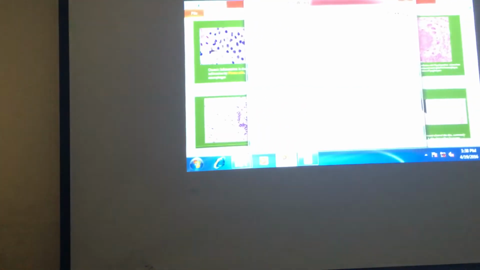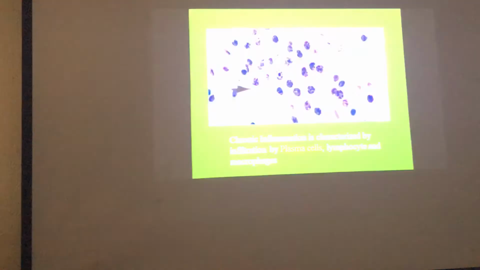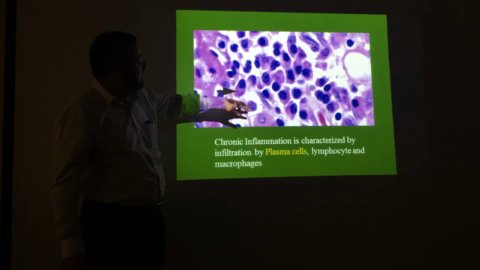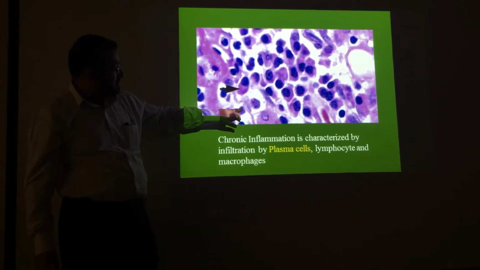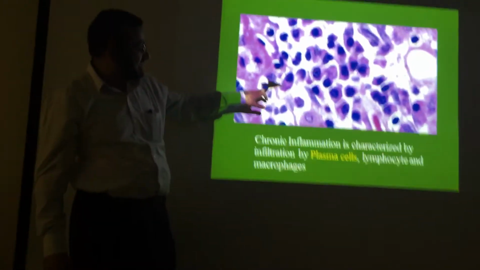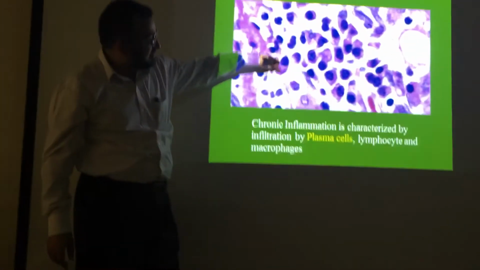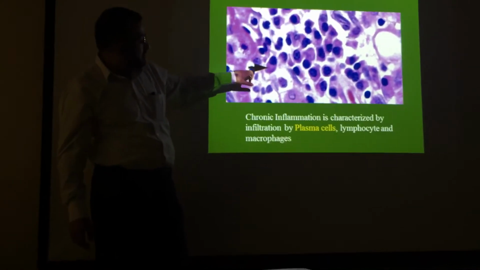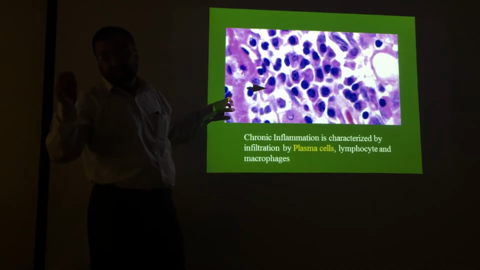Now we will see the plasma cells. You see the cells with a single nucleus. Here, nucleus on one side, cytoplasm on the other side. This will be a plasma cell. If only nucleus, like this, this will be a lymphocyte.